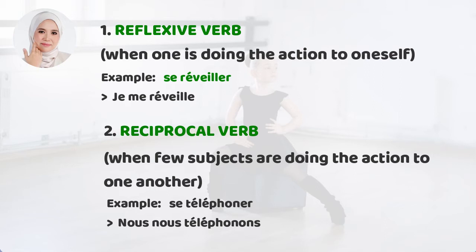Reflexive is very easy. You have seen it so many times just now. Se réveiller, so it is reflexive. Now, I'm going to give you one example of the reciprocal verb. Reflexive verb and reciprocal verb are still verb pronominal. You have the verb se téléphoner.